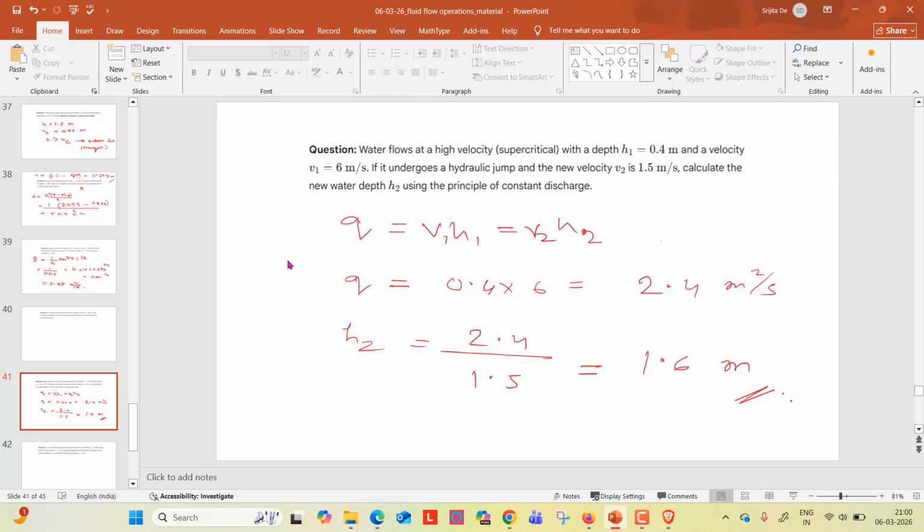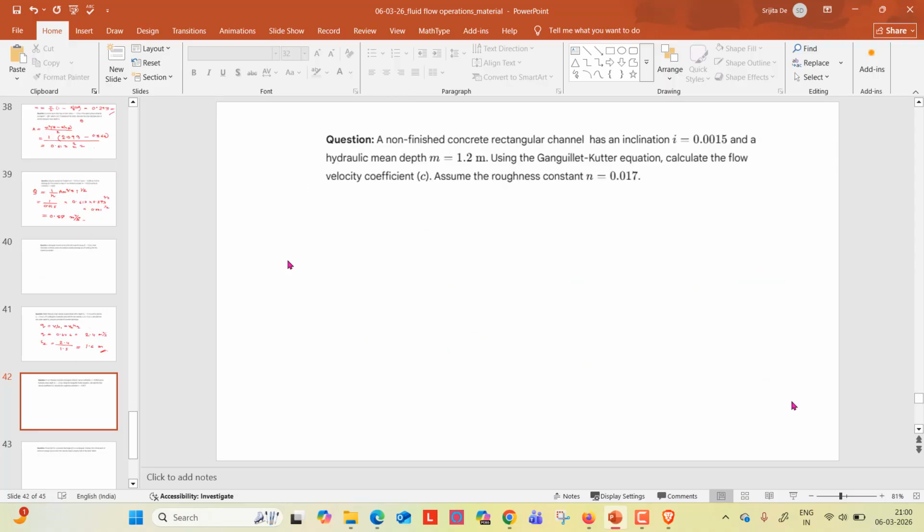Next, a non-finished concrete rectangular channel has an inclination I and a hydraulic mean depth m. Using the Ganguillet-Kutter equation, calculate the velocity coefficient c. Assume the roughness constant n. So directly we have to go back to the empirical equation.